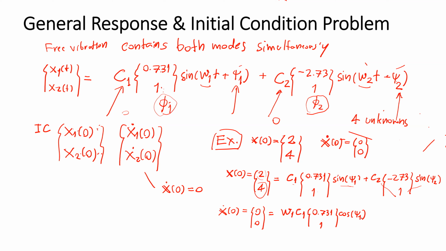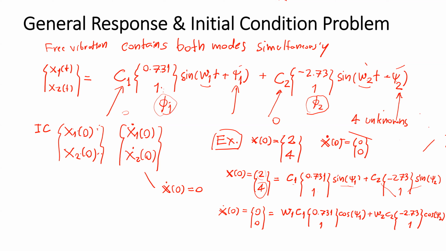And t equal to 0. And for the second term, it also has omega 2 multiplied by C2, and the magnitude ratio, multiplied by cosine of this.